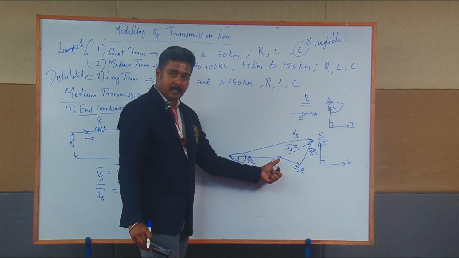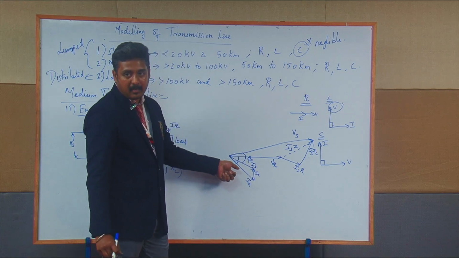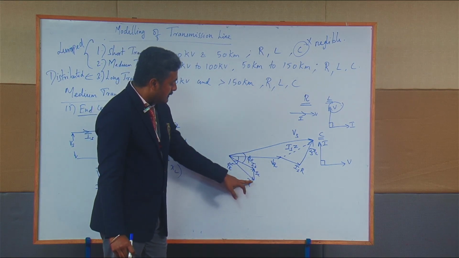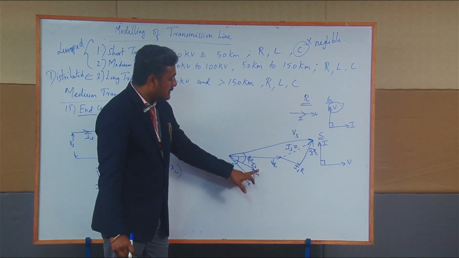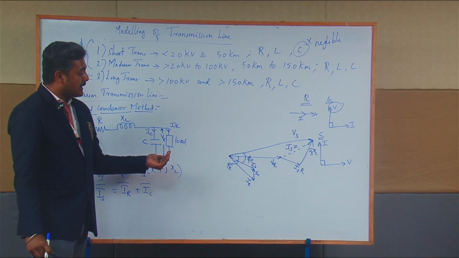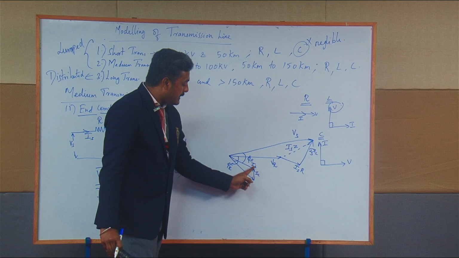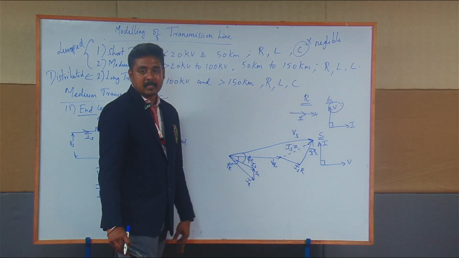VR vector is a reference vector and IR vector lags the VR vector by the angle of pi r, and then this IC is nothing but it is the current flown towards the capacitance. That capacitance current leads the VR by the angle of 90 degree, and Is vector is nothing but IR vector plus IC vector.